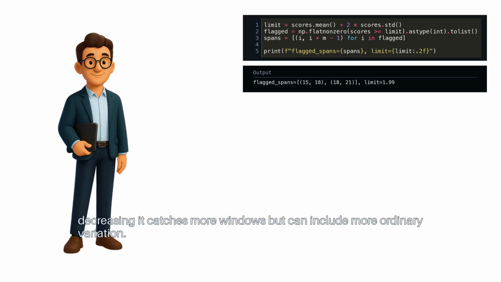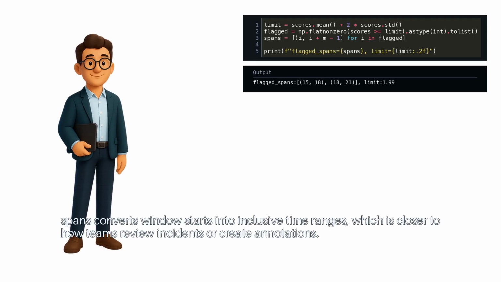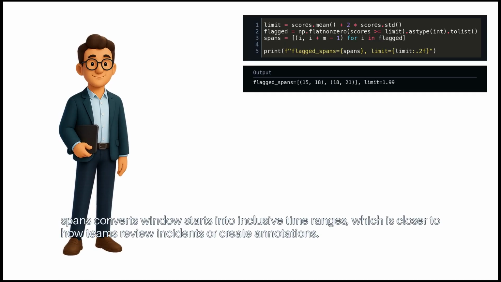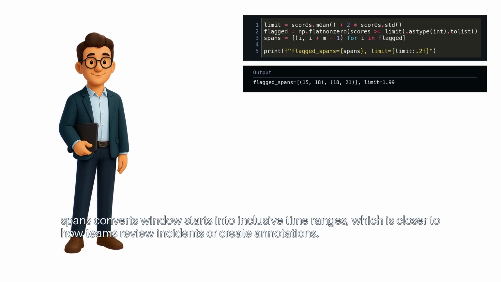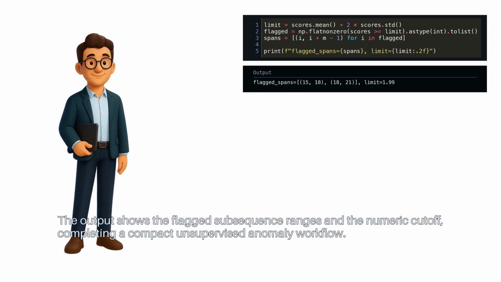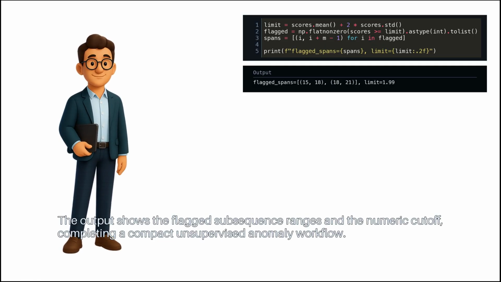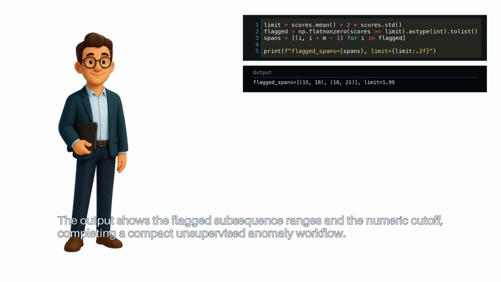Decreasing it catches more windows, but can include more ordinary variation. spans converts window starts into inclusive time ranges, which is closer to how teams review incidents or create annotations. The output shows the flagged subsequence ranges and the numeric cutoff, completing a compact, unsupervised anomaly workflow.